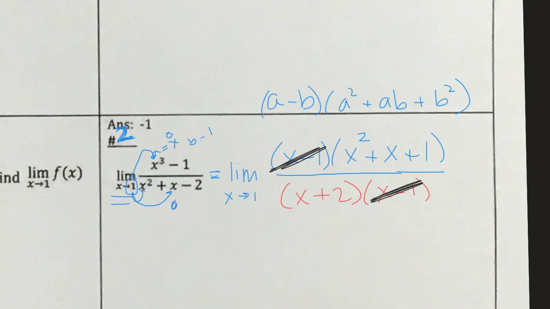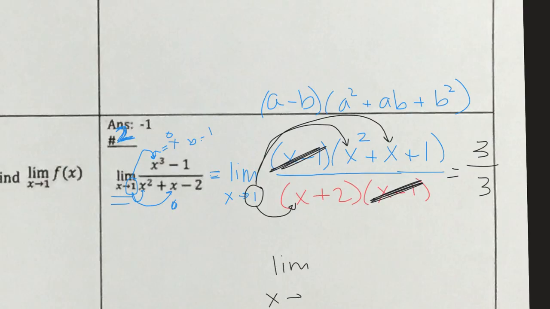So now that I've done that, I can once again use direct substitution and plug my 1 in for all of my x's. 1 plus 1 plus 1 is 3 over 1 plus 2 is 3. So the limit of our function as x approaches +1 is 1.